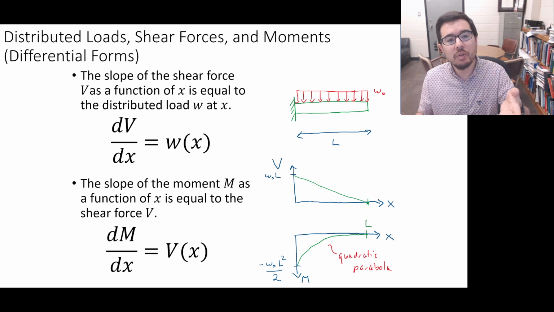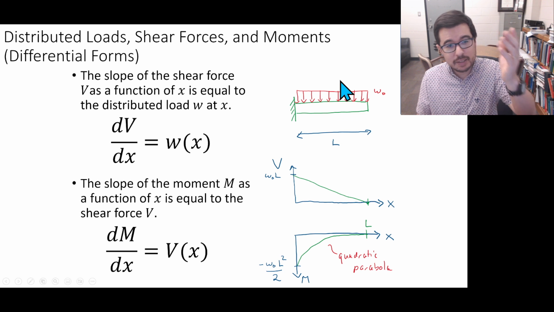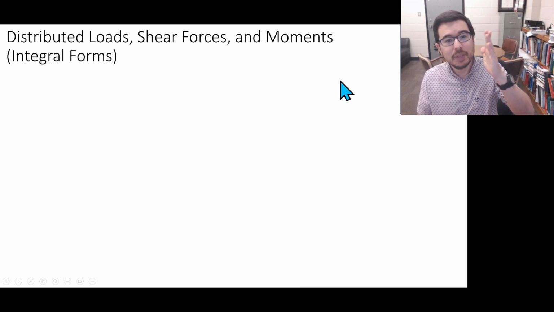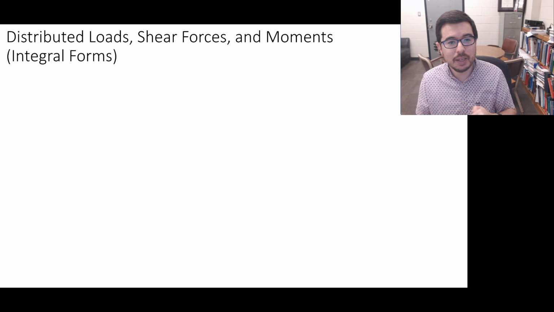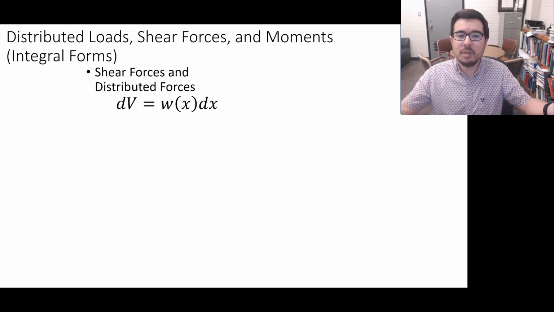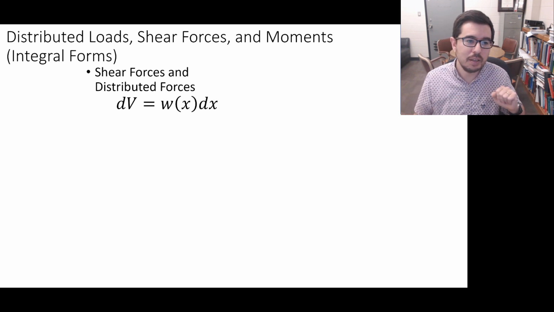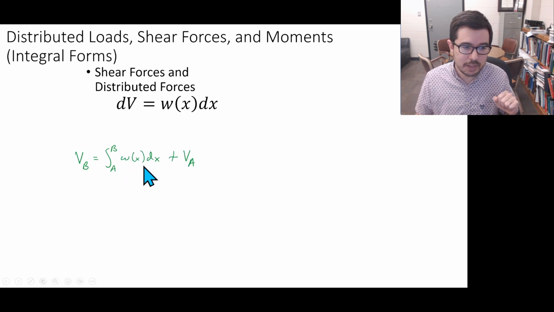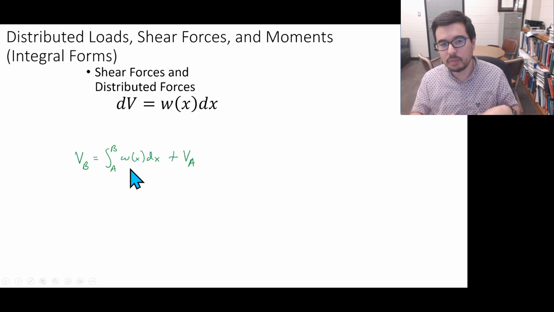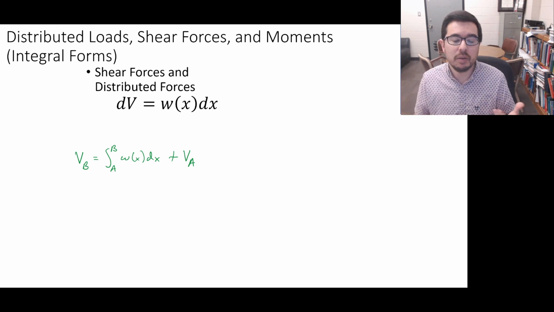So if the differential forms take us kind of from the bottom up, the integral forms can take us from the top down. dV/dx equals w(x). We move the dx to the right side, and we get dV equals w(x) dx. If we take the integral of w(x) dx, some indefinite integral would have been plus a C, or C1 or C2, whatever we define as our constant.